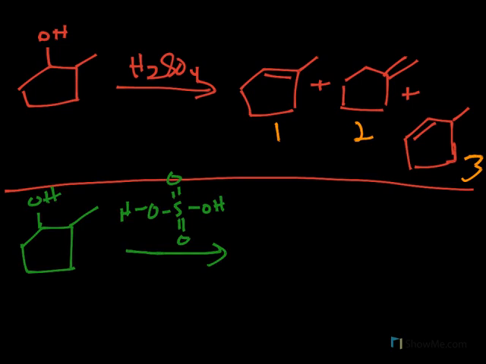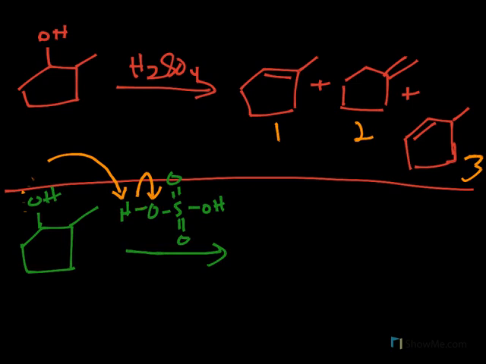So what happens? A lone pair from the alcohol group over here on the cyclopentanol is going to grab one of sulfuric acid's protons, and it's going to get protonated. So the alcohol gets protonated, and the electrons that are attached to the hydroxyl group on sulfuric acid, to that OH, are going to jump to that oxygen.